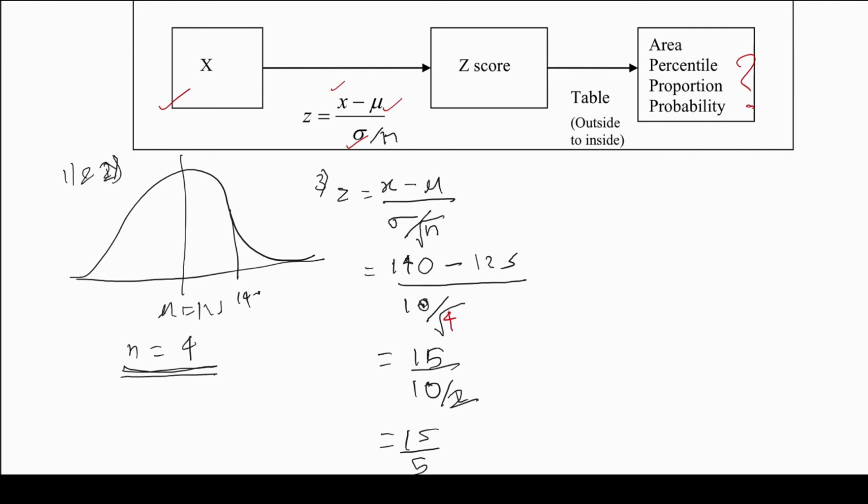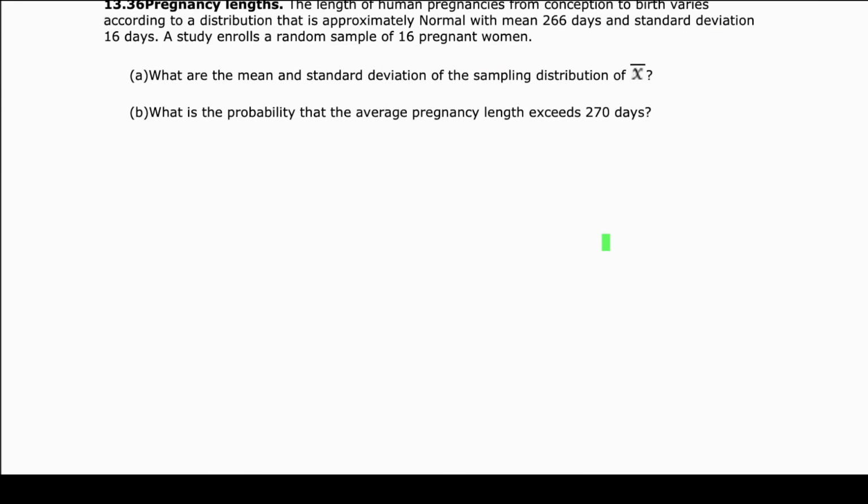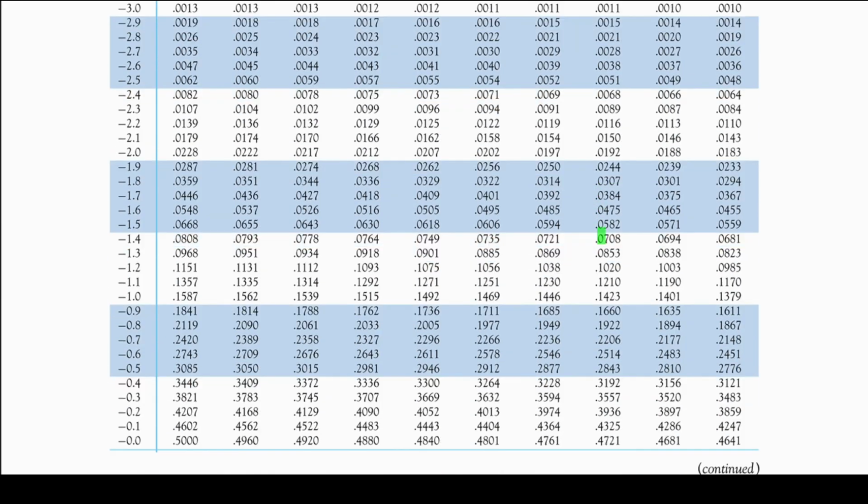Okay. So the last step is calculating the probability. Again, the same thing. We are going to look at the z value, and we are interested in the area on the right side of that particular z, but the table always gives us the area on the left side of the z. So if we look at the z of 3, it's going to give us the area left to that. So let's look up z and the corresponding probability using the table.